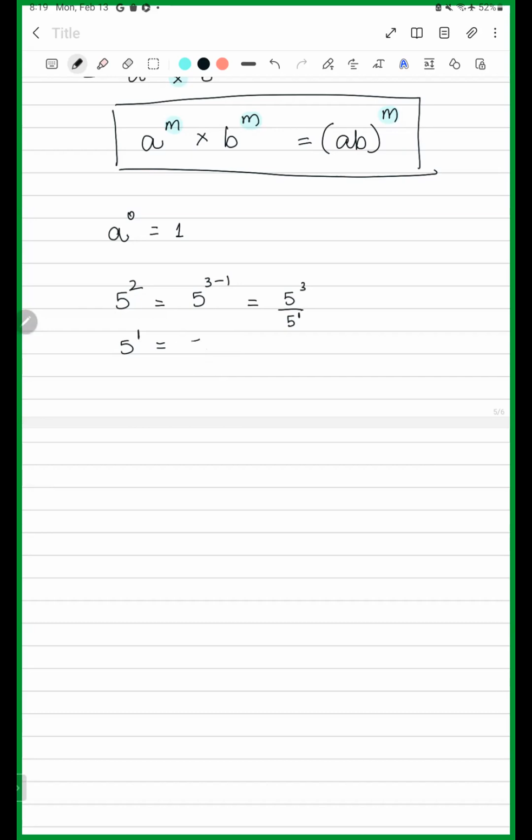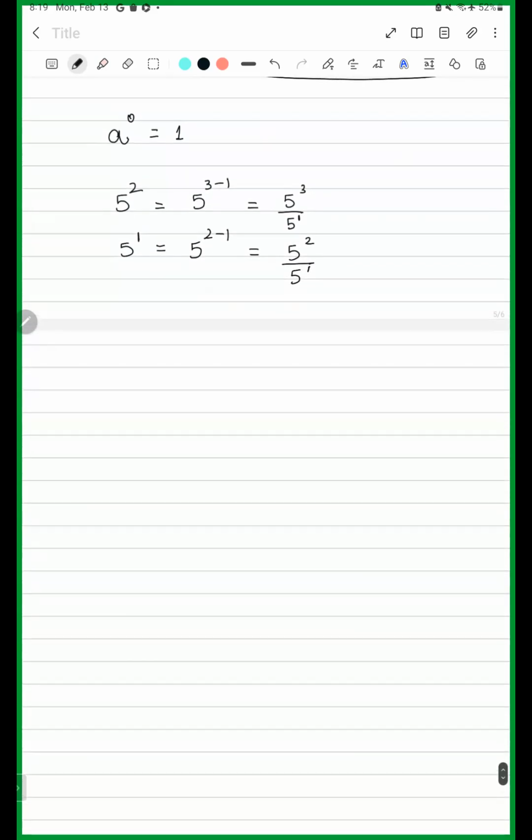What is 1, बच्चे? 2 minus 1 ना? So वही सेम चीज हम यहाँ पे लगा रहे हैं, 5 to the power 2 divided by 5 to the power 1. Can you also write 3 minus 2? हाँ, of course. चलो, you can write it as 3 minus 2.